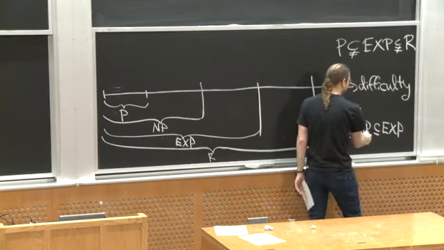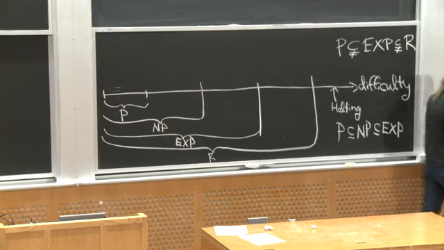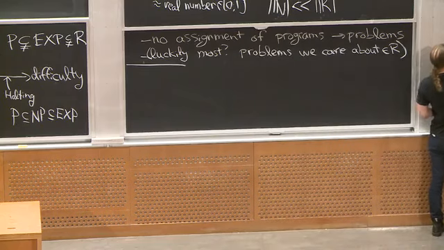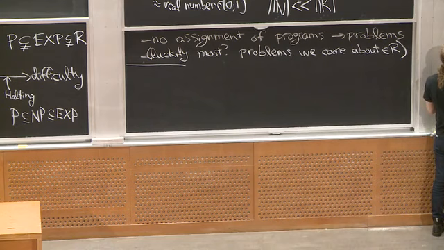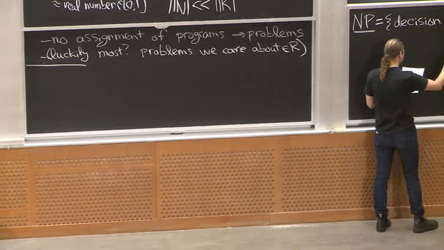We don't know whether there's equality here or here. Probably not, but we can't prove it. But what is this class? A couple of different ways to define it. You might find one way or the other more intuitive. They are equivalent, so as long as you understand at least one of them, that's good.